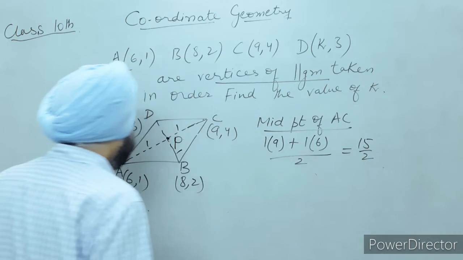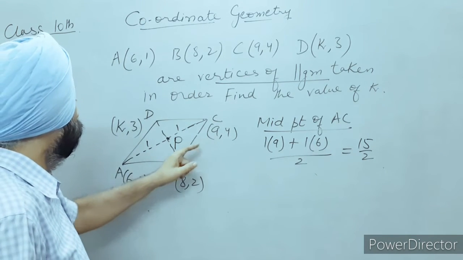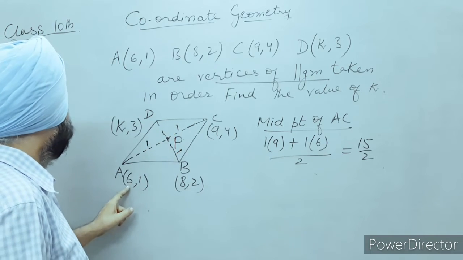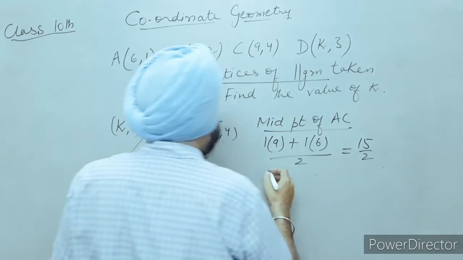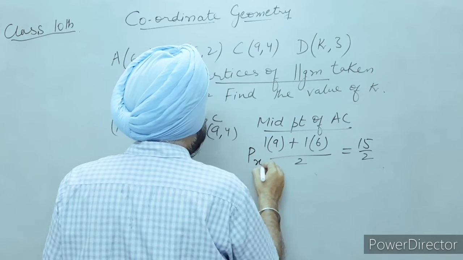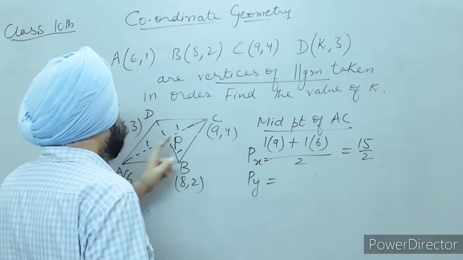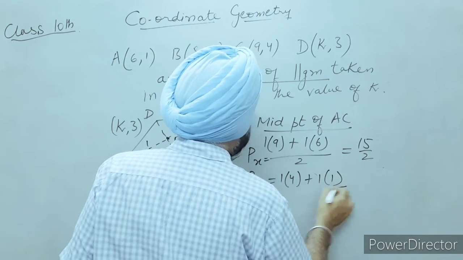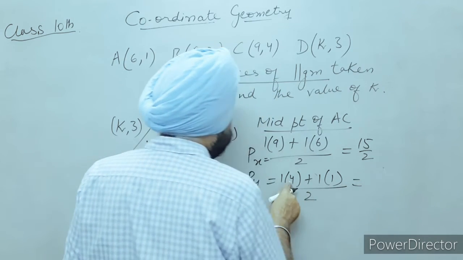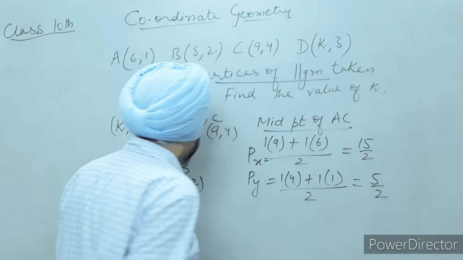This is P of X. Then P of Y is 1 into 4 plus 1 into 1 divided by 2, that is 4 plus 1, 5 by 2.